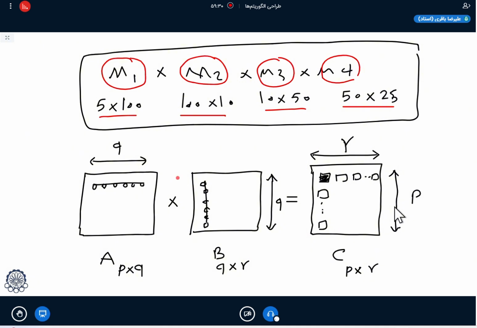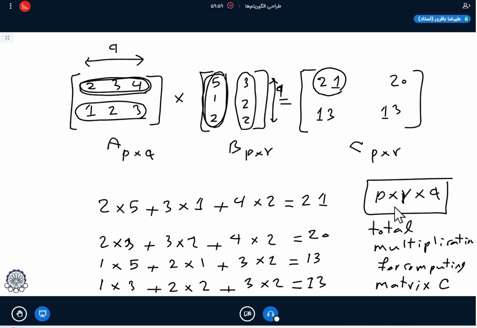In C, we have P multiplied by R elements, and for each of them Q multiplications are done. So the total number of multiplications for computing C is P multiplied by R multiplied by Q, as we said in the next slide.